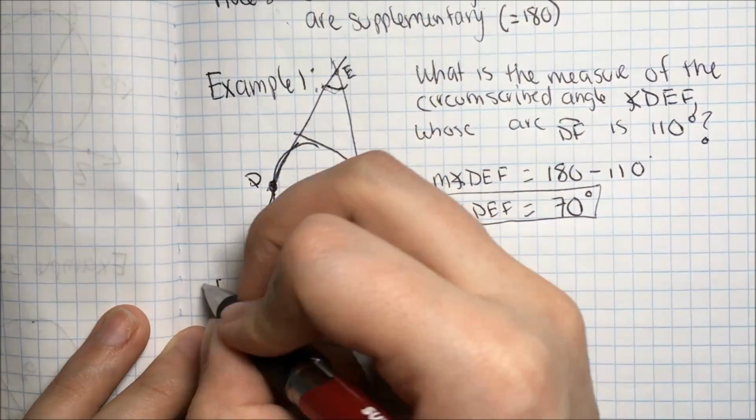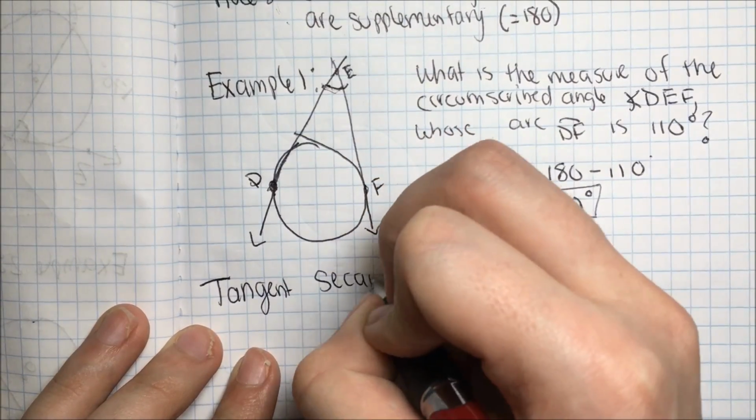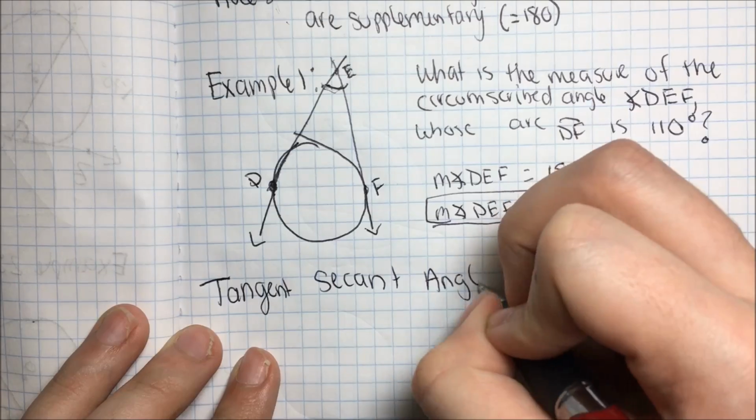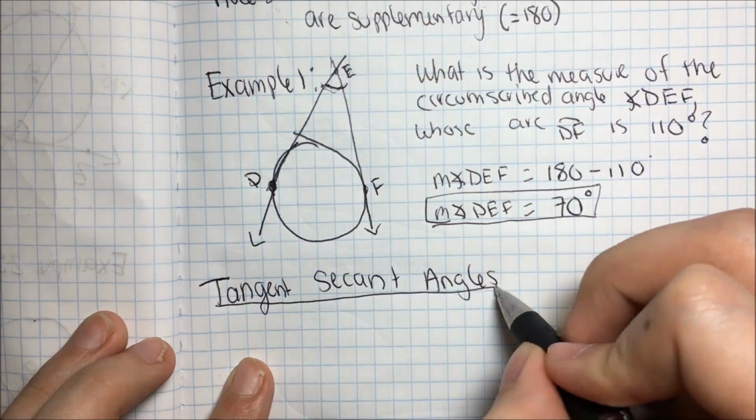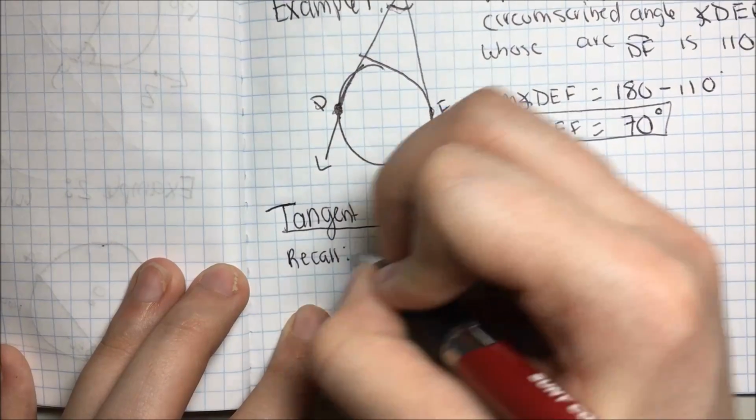So now if we look at tangent-secant angles, first let's recall what a secant is.